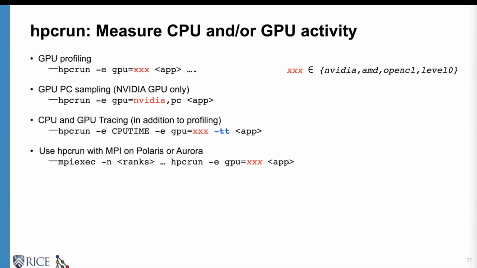The -t option says, I want to trace the activity on the GPUs. I want to trace the activity on the CPUs. The -tt says, every time you launch a GPU kernel, note on the CPU what your calling context was as well. Otherwise, we might be sampling much slower on the CPU than the frequency with which we're launching GPU kernels.